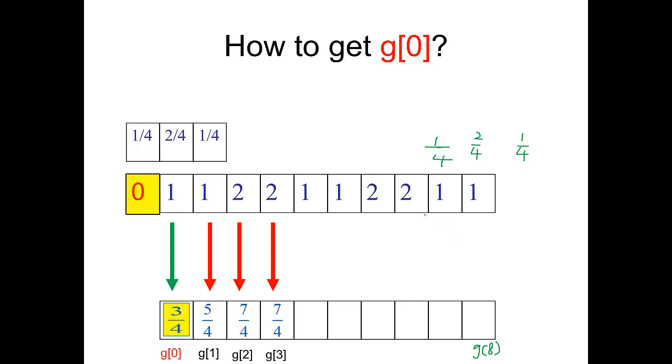Then you multiply 1/4 by 1, plus 2/4 multiplied by 1, plus 1/4 multiplied by 0, because we assume it's 0. Then you will get G8.